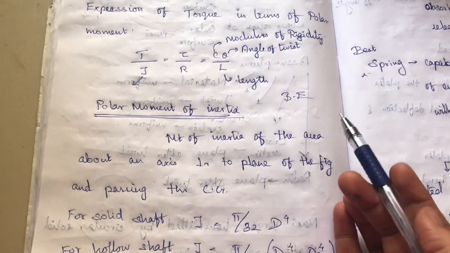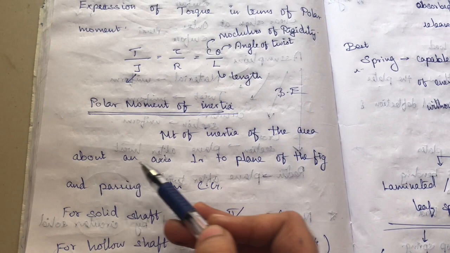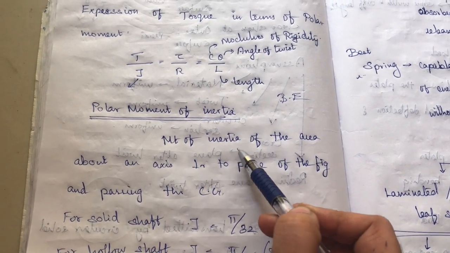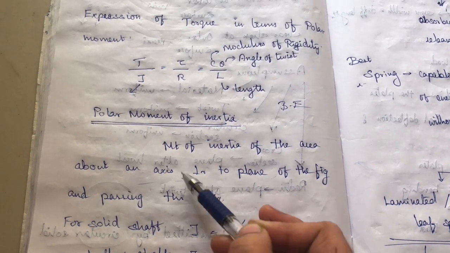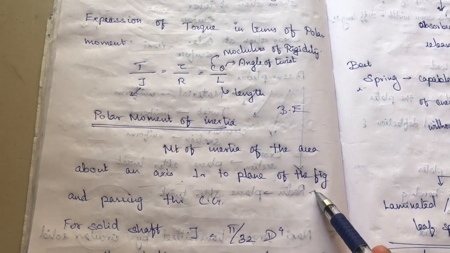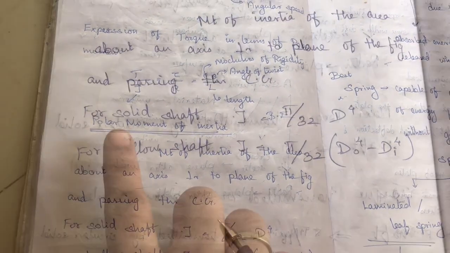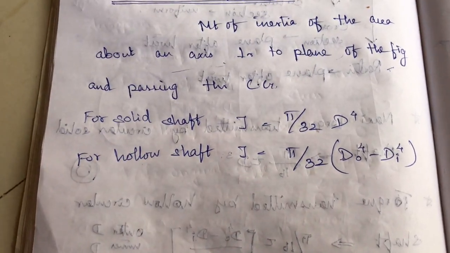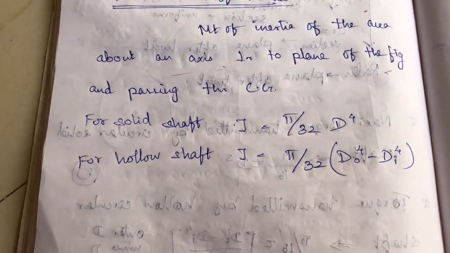What is the polar moment of inertia? It is the moment of inertia of an area about an axis which is perpendicular to the plane of the figure, and it should pass through the center of gravity. So for a solid shaft, J is pi by 32 d power 4.